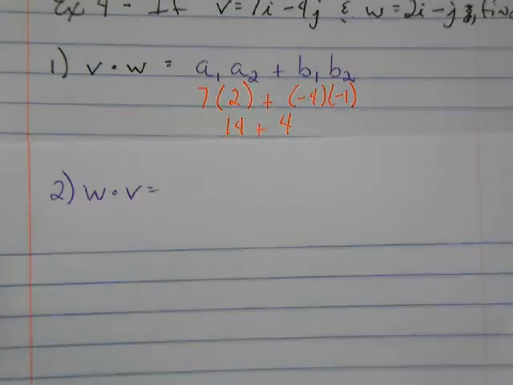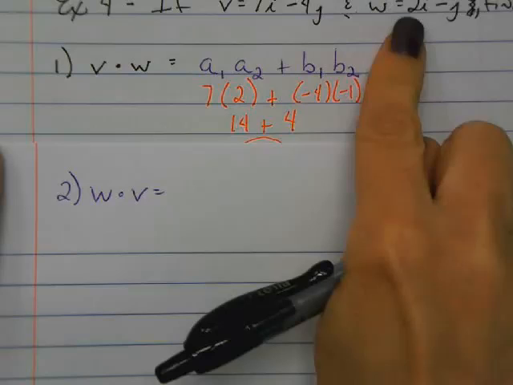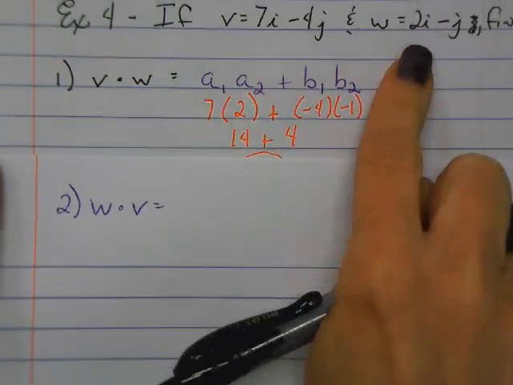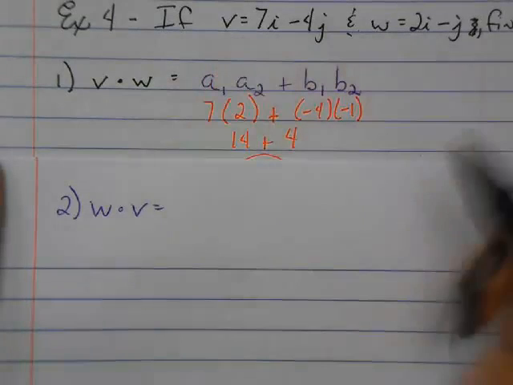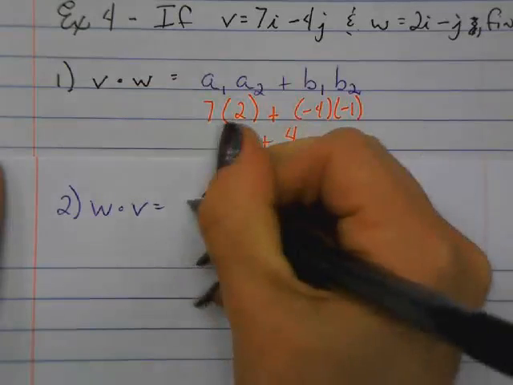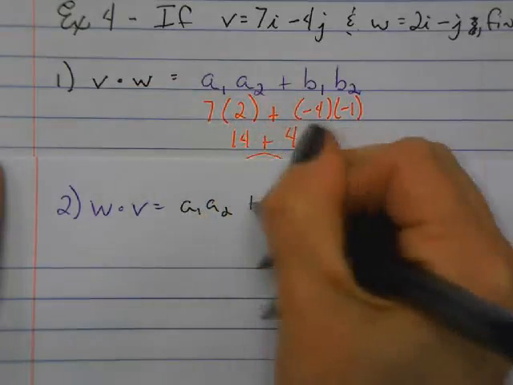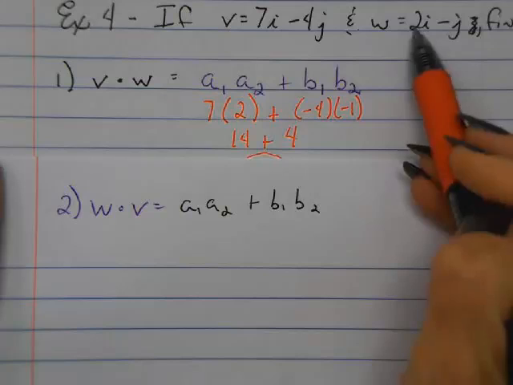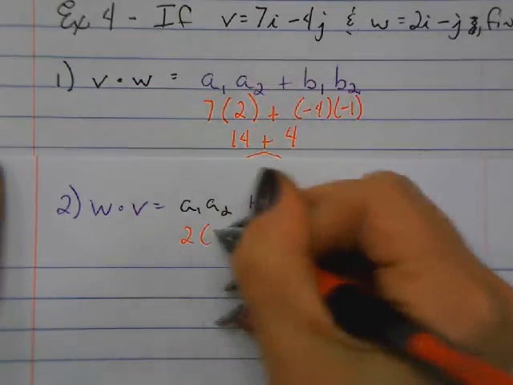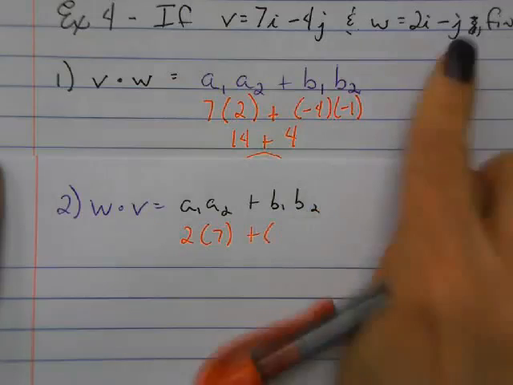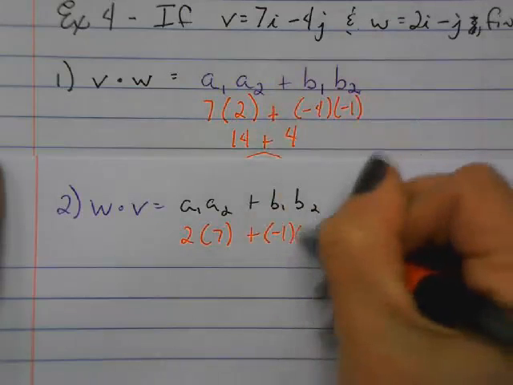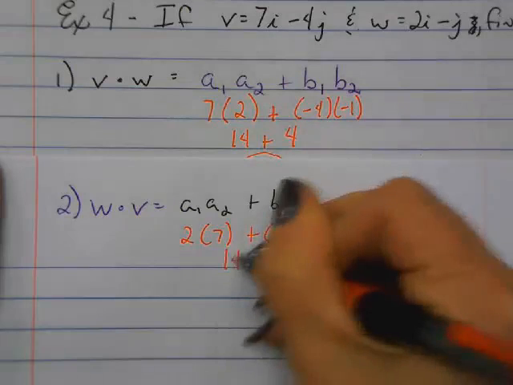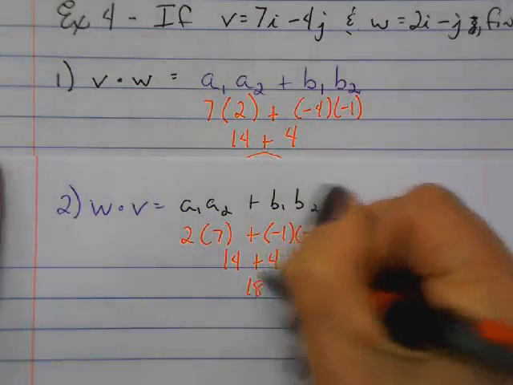So this time I'm going to multiply a1, so w becomes a1 and a2, plus b1, b2. So now it's going to be 2 times 7 plus negative 1 times negative 4. And what we find out is, yes, they are. I get 18 again.